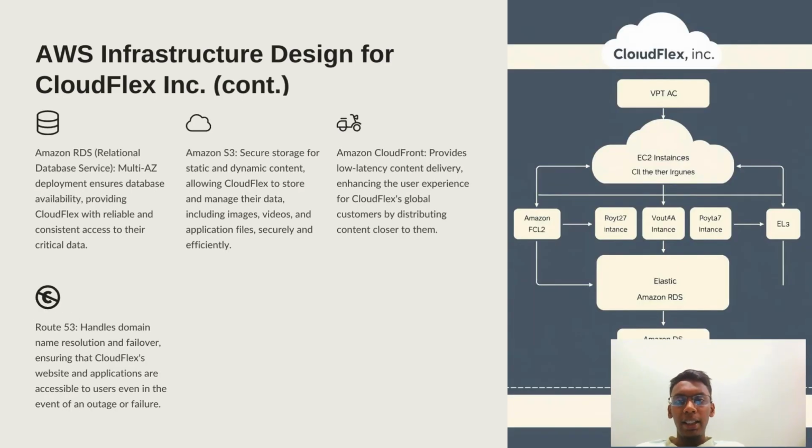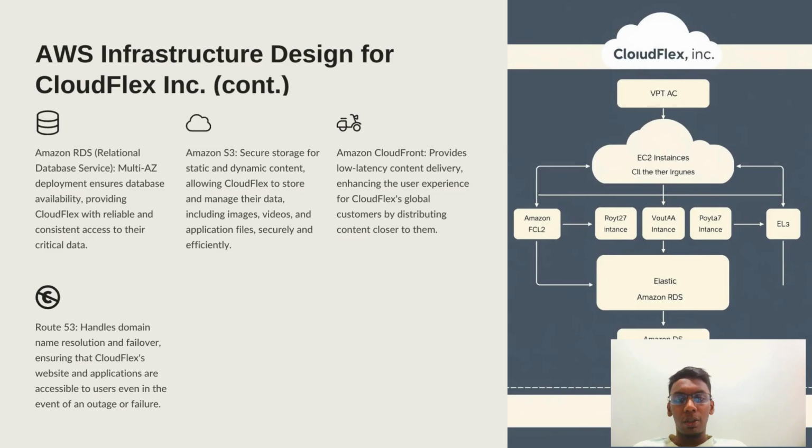And finally, more of the AWS infrastructure designed for CloudFlex Inc. Here, there are also four available points that we have provided you with. The first one is Amazon RDS, which is Relational Database Service. This multi-AZ deployment ensures database availability, providing CloudFlex with reliable and consistent access to critical data. Secondly is Amazon S3.